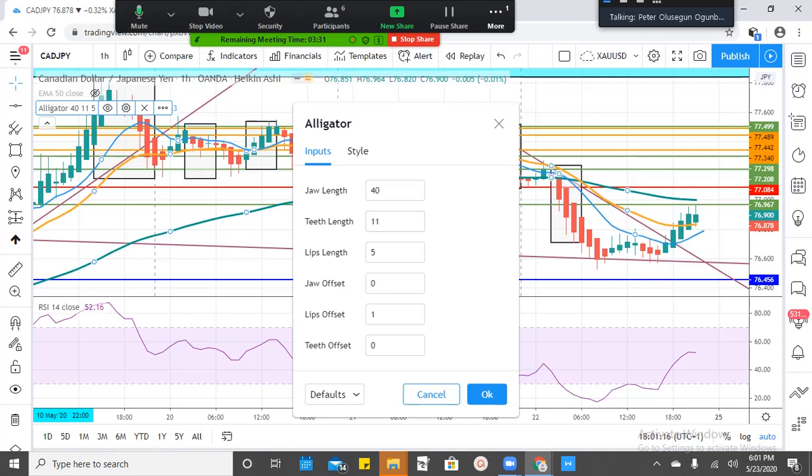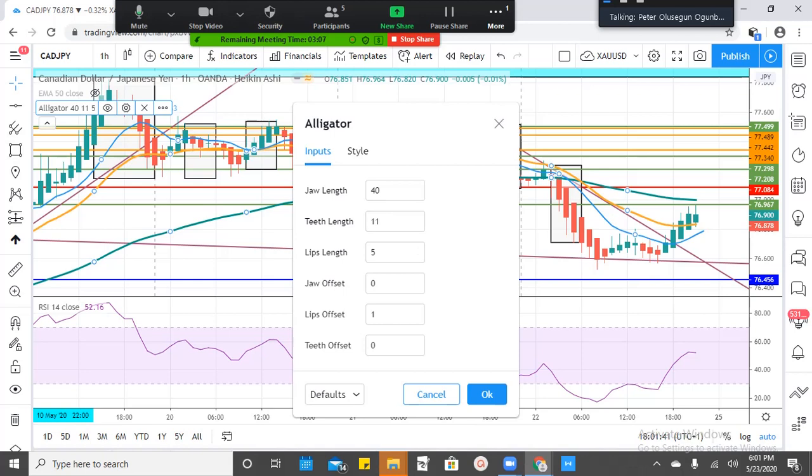So for your jaw length, you select 40, and for your teeth length, you select 11. So 11 is like 21. It's 21 actually on it, and the 40 jaw length is 80 EMA. And the 5 is just the price.